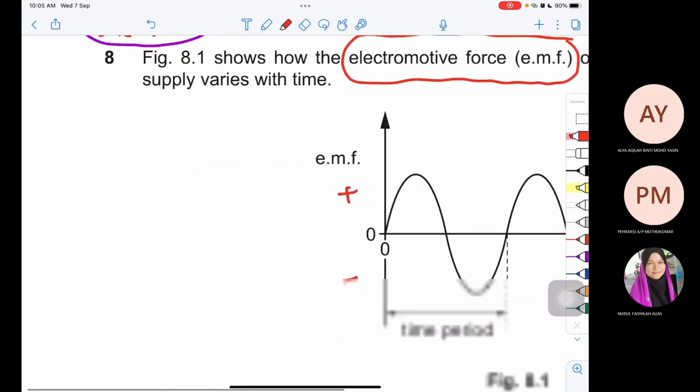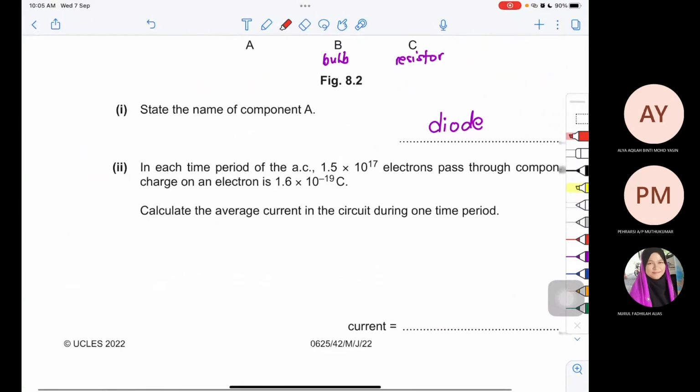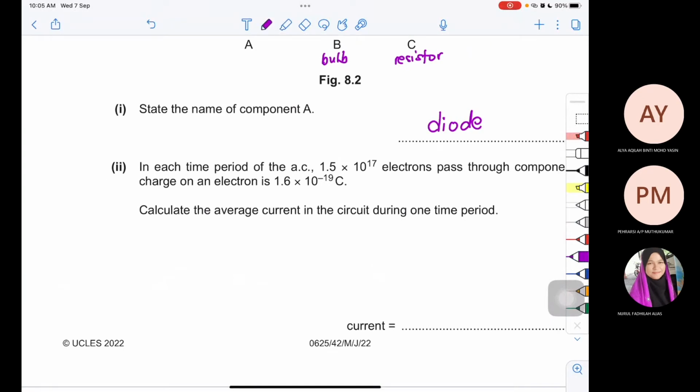Okay, so for this one, first of all, you have to write the formula. So what's the formula can we use? Q equals to IT. You write this first. Okay, soalan nak the current.